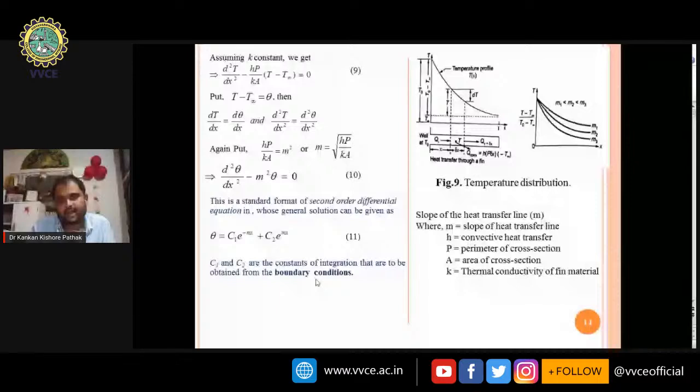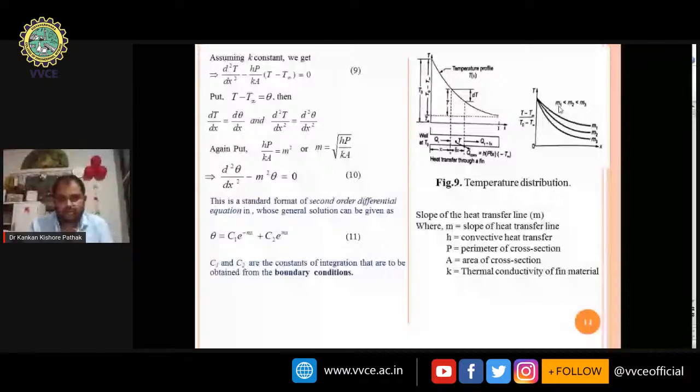Depending on this, you can say that the higher conductivity material of the fin will have a lower slope of the temperature line. The lesser m means the conductivity is high, and it is having the lower slope of the heat transfer line.